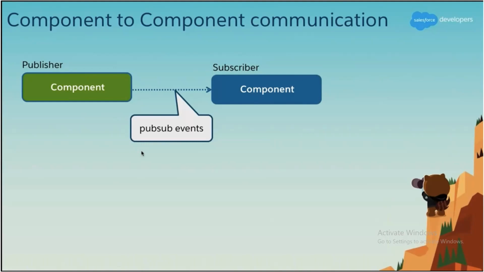We will understand that in the pub sub class too. There will be a dedicated session on pub sub as well, to understand how the pub sub model works in LWC, and how we transfer data from one lightning web component to another.